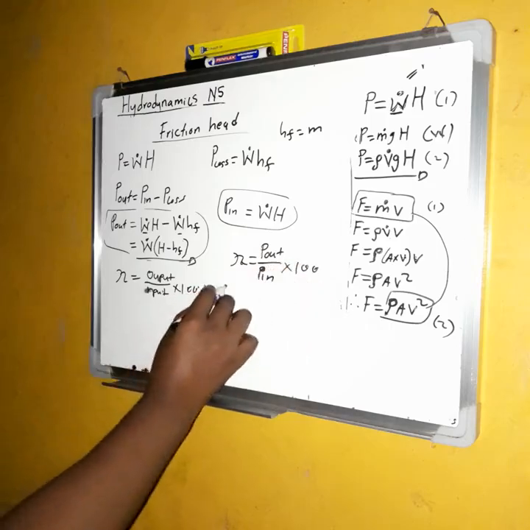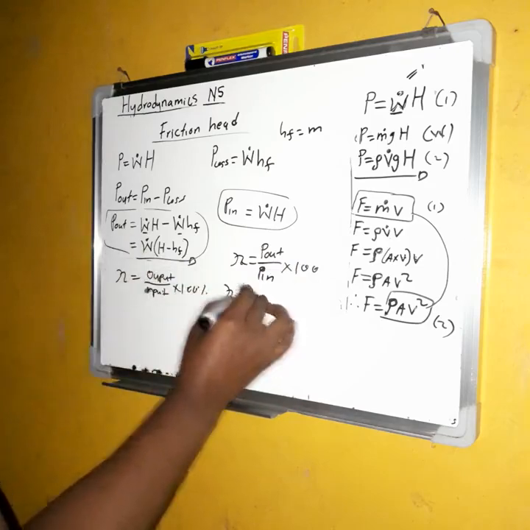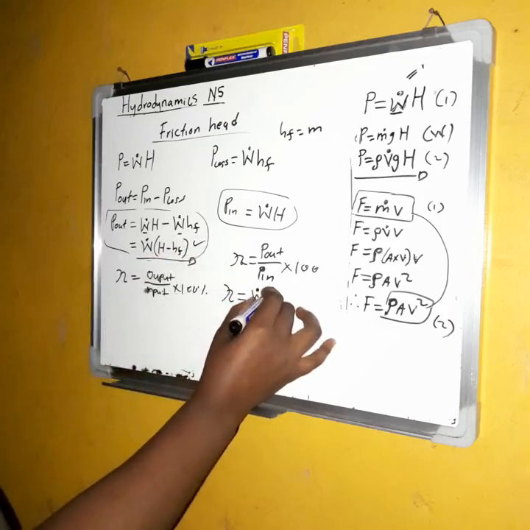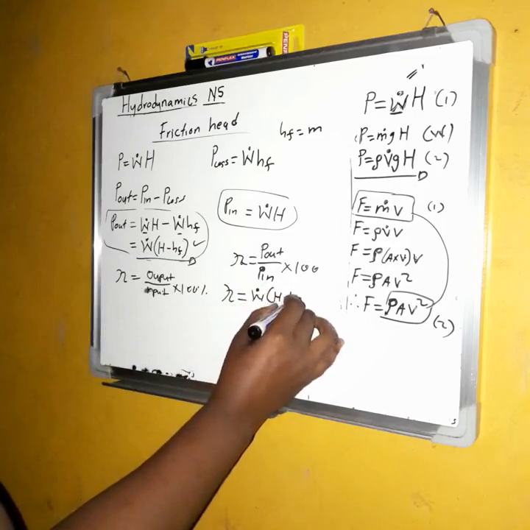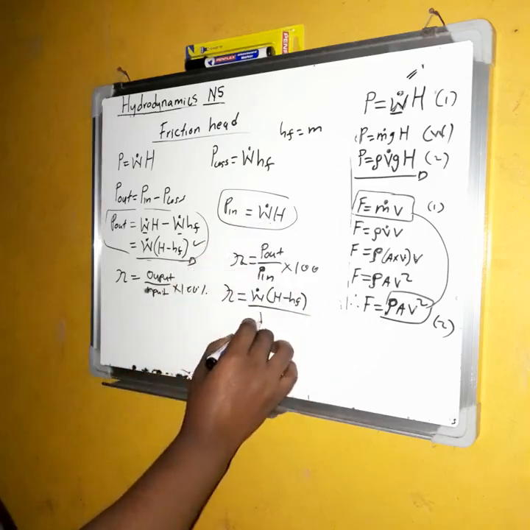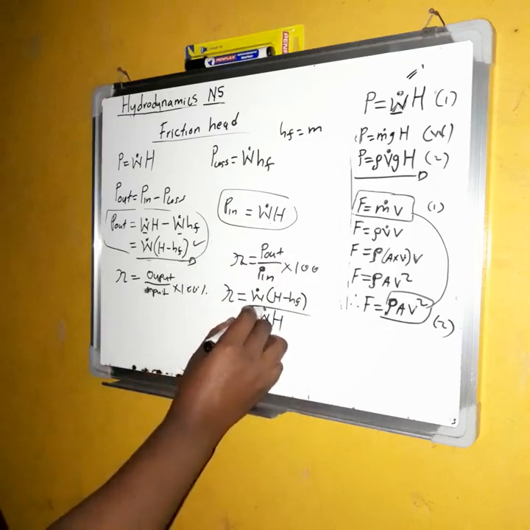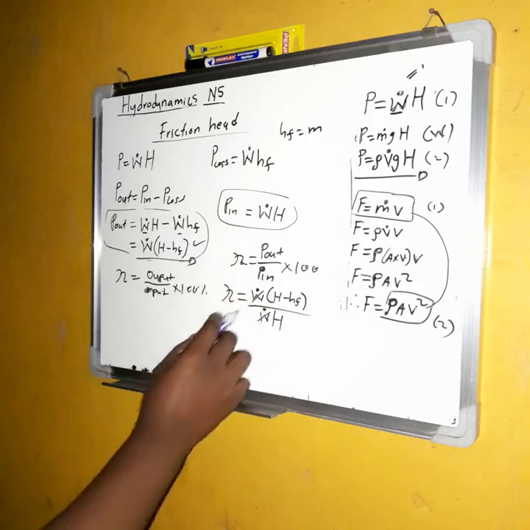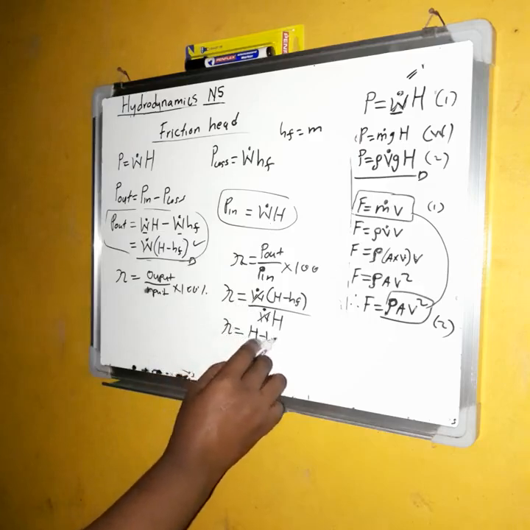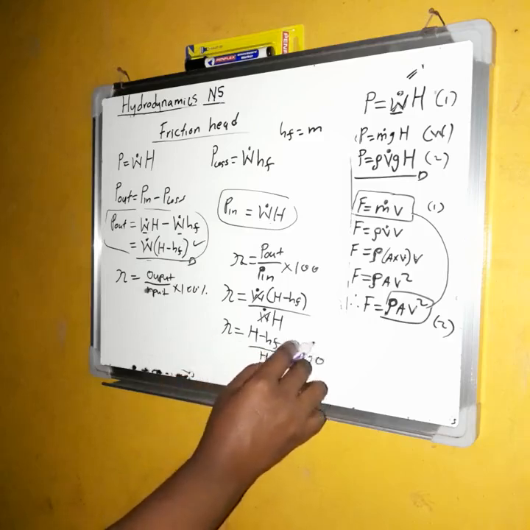Output power is W into H minus HF, and input is W into H. The W's cancel, so this is H minus HF over H multiplied by 100.